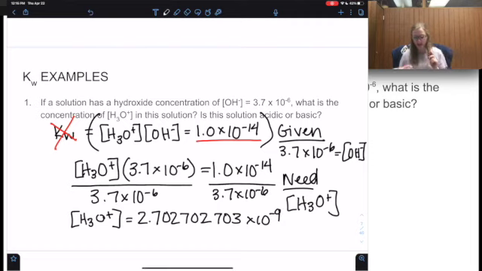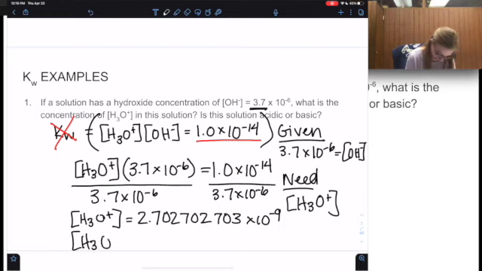And of course, our brackets mean that we've assumed molarity. We're not worried about tacking on those units at the end at this point. So what we really need to look for are sig figs. If I go back to my original problem, I'm given 3.7 times 10 to the minus 6, and 3.7 has 2 sig figs, so my answer gets 2 sig figs.